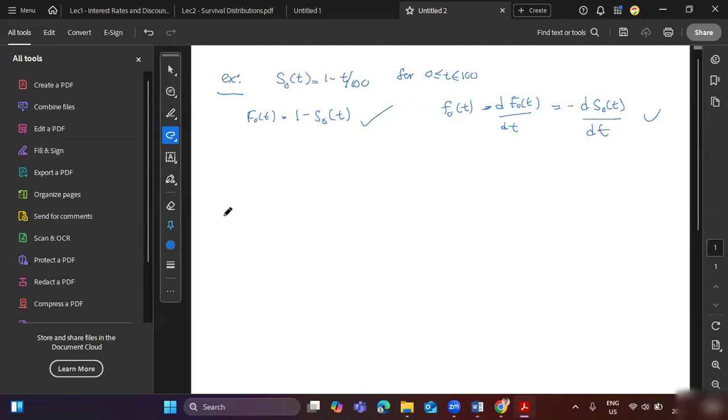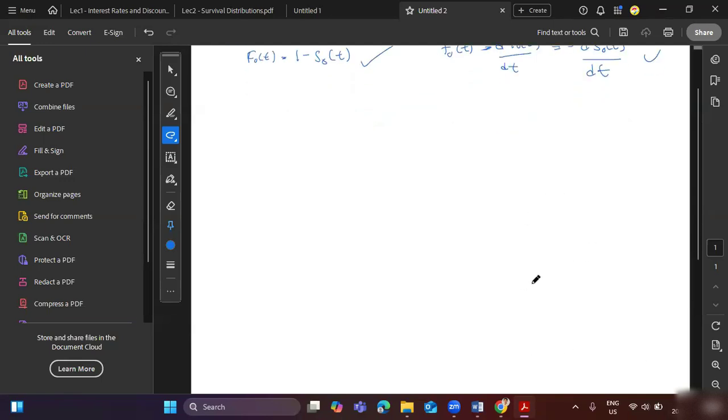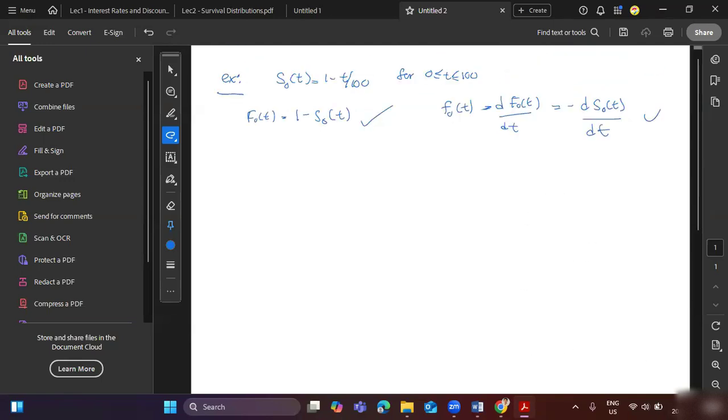So you can find these two functions starting from the S naught value.